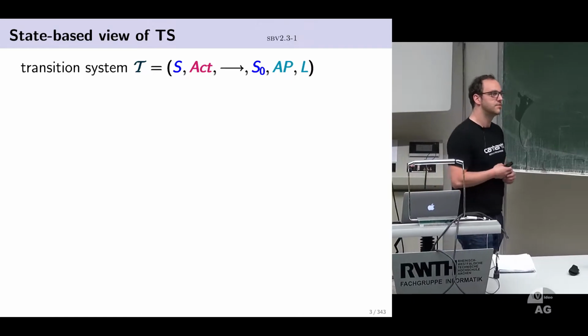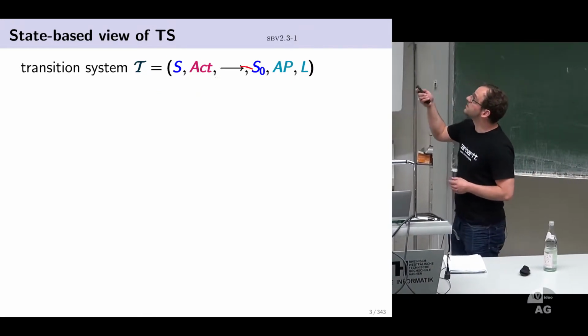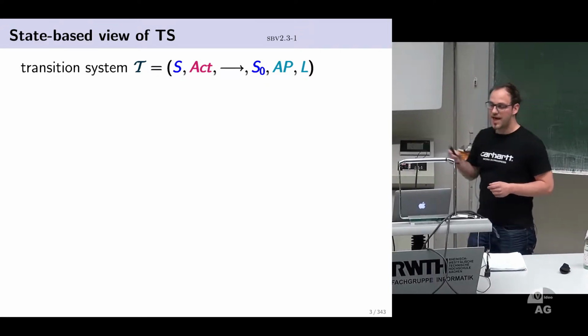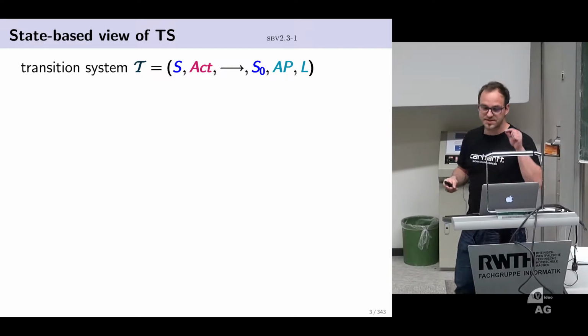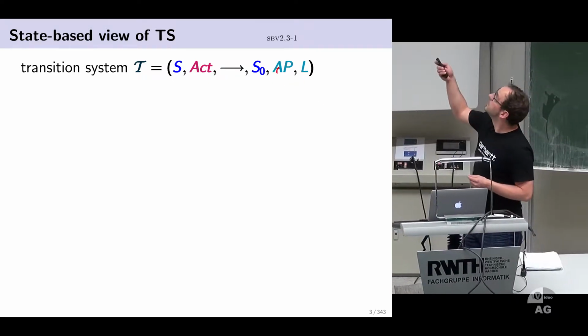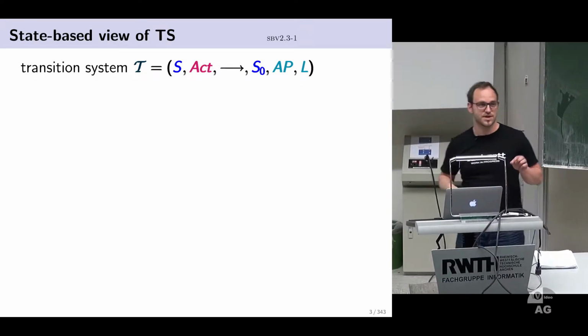So recall the definition of a transition system. We have states, actions, a transition relation, some initial states, atomic propositions, and a labeling function that attaches labels to states. More concretely, it assigns a subset of the atomic propositions to every state.